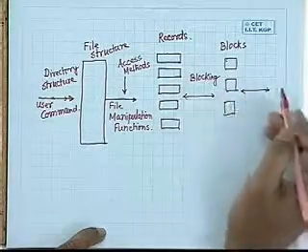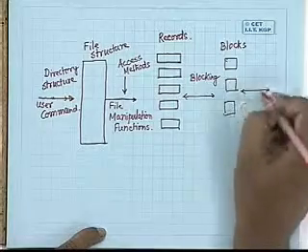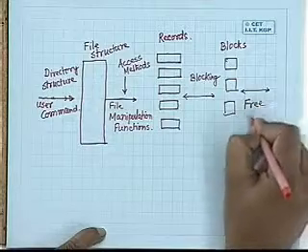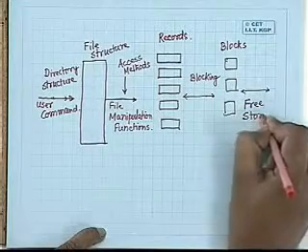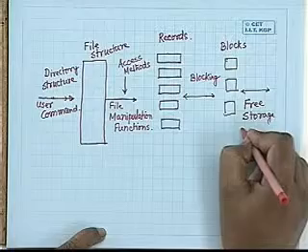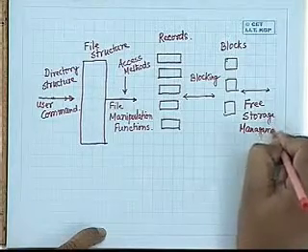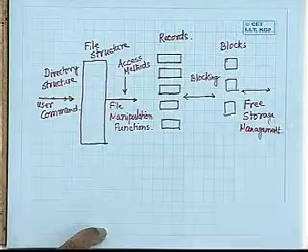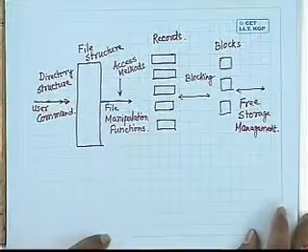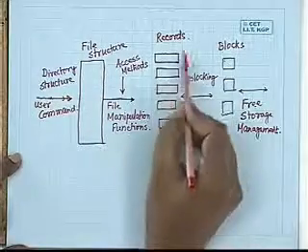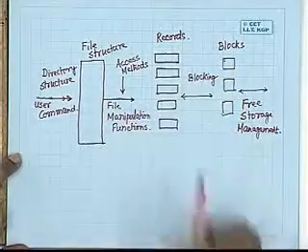And for placing the blocks onto the disk, the operation needed is what is called free storage management. Okay. So with reference to the Unix operating system, we have seen all these things except the records and blocking.